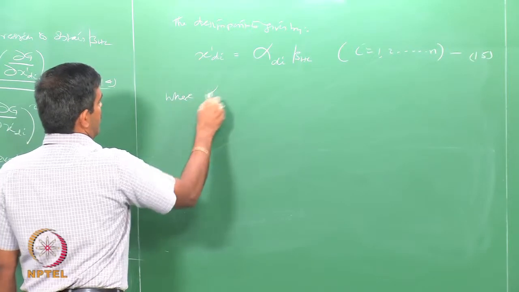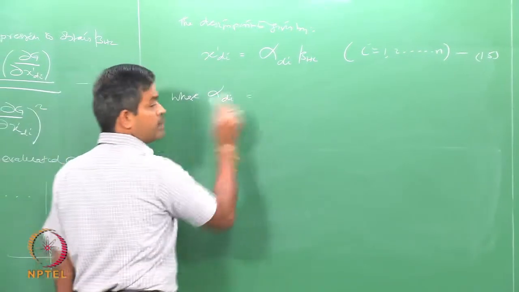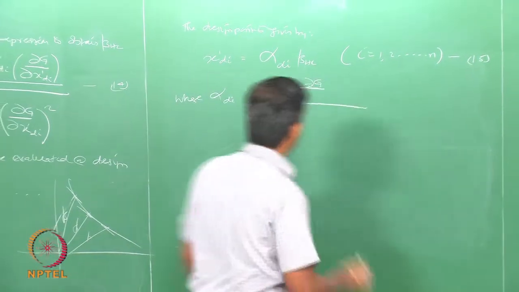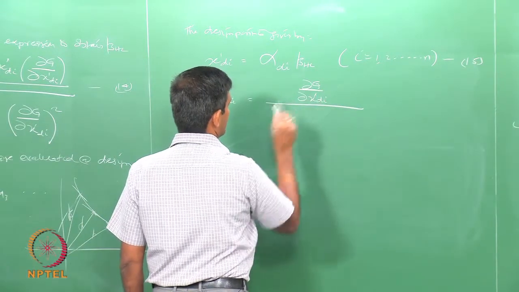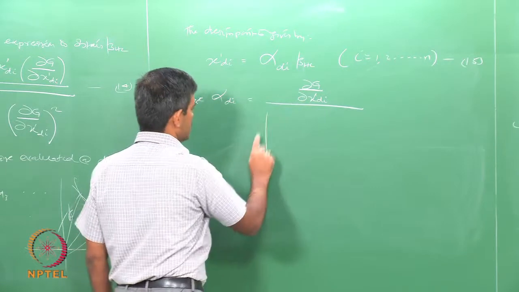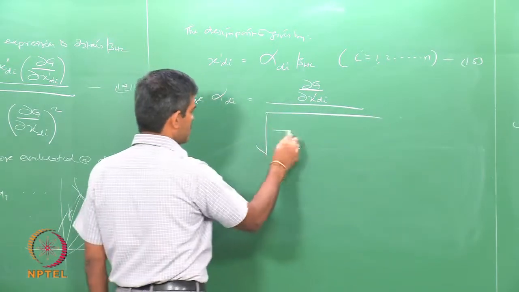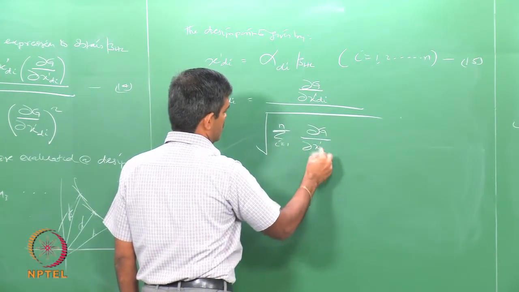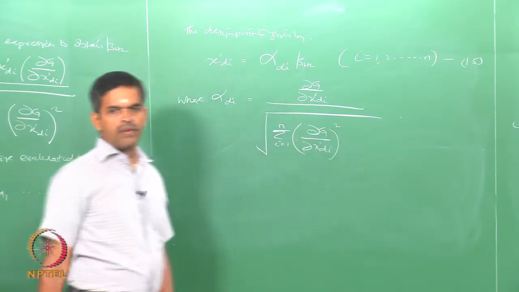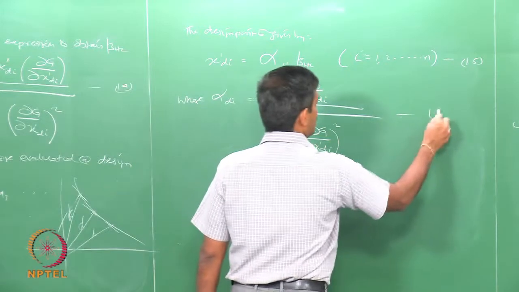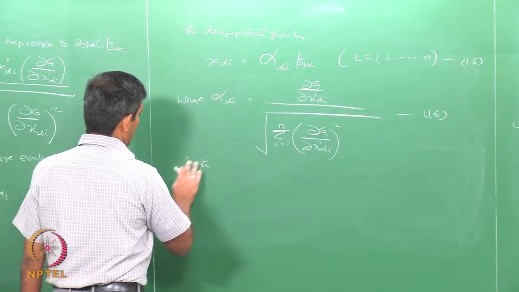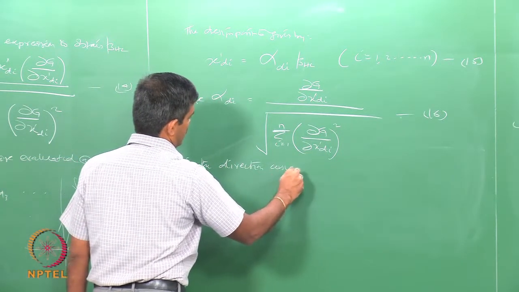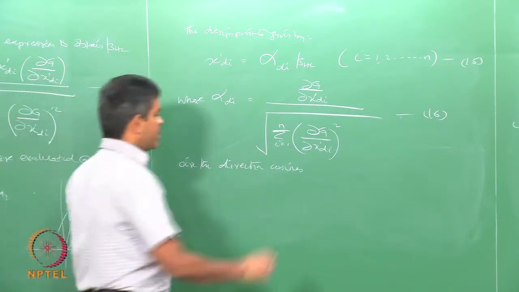where alpha di are the direction cosines along the coordinate axis xi.